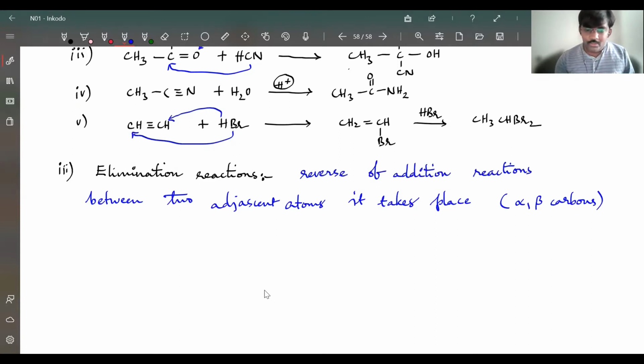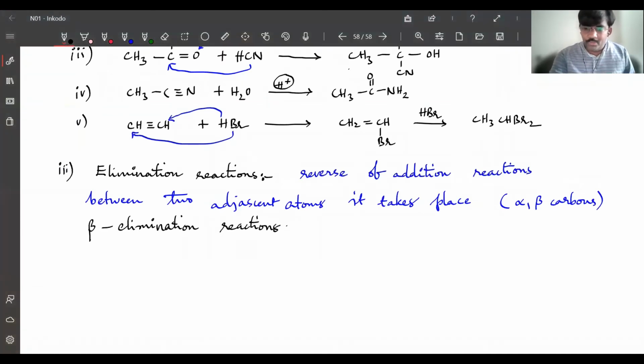That's why sometimes we call these beta elimination reactions also, because it is happening between alpha and beta.